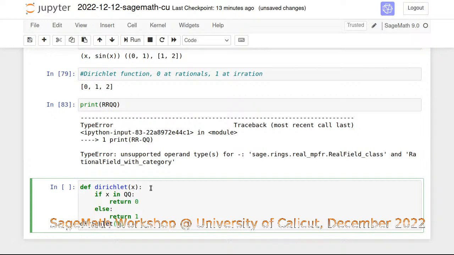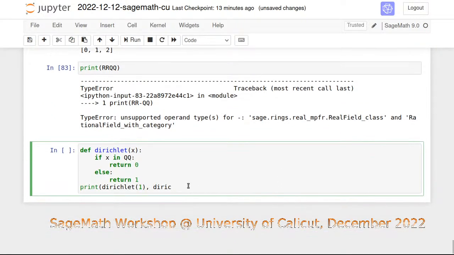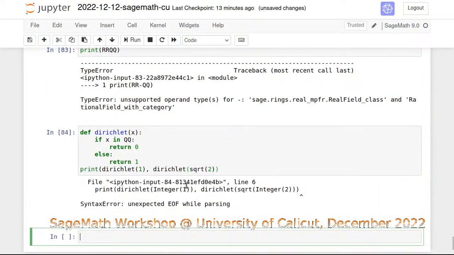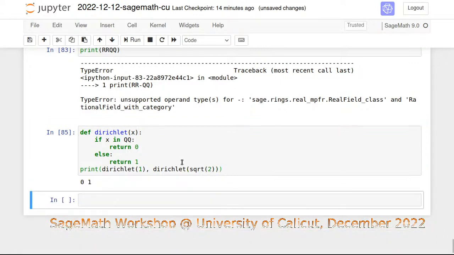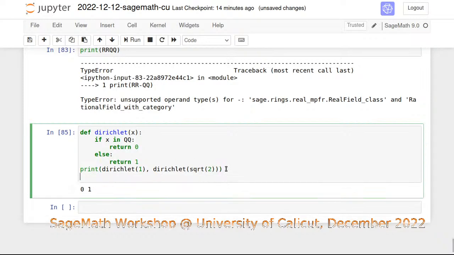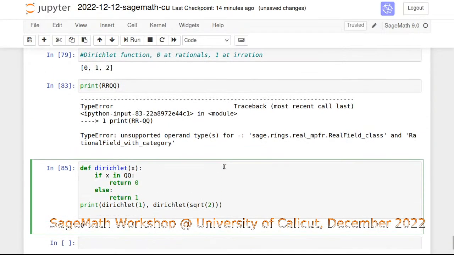Set 1, square root of 2 itself. So 0 and 1, that's definitely working, but what I'm wondering is whether the limit and all such things will actually work.